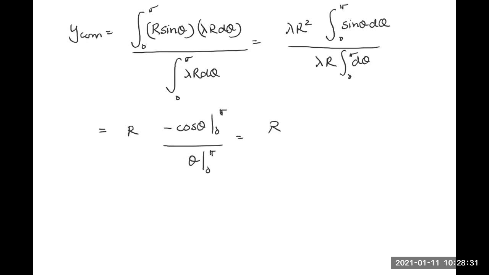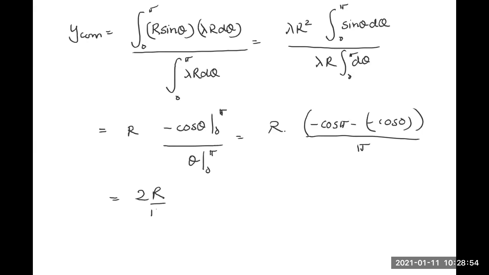This is equal to r multiplied by minus cosine pi minus minus cosine 0, putting in the limits, divided by pi, which is equal to 2r by pi.